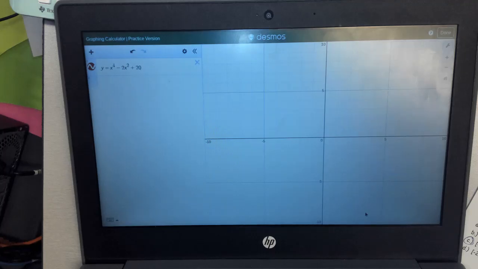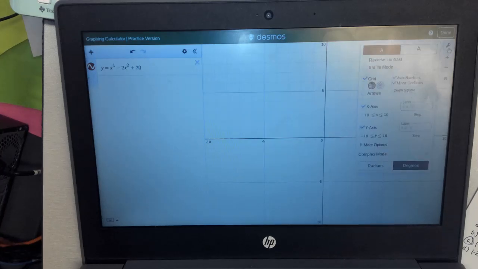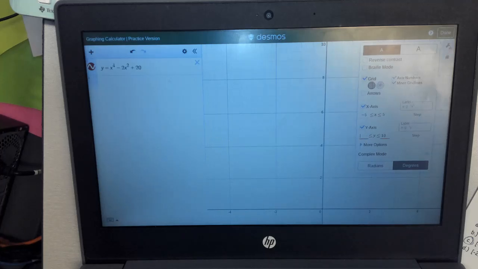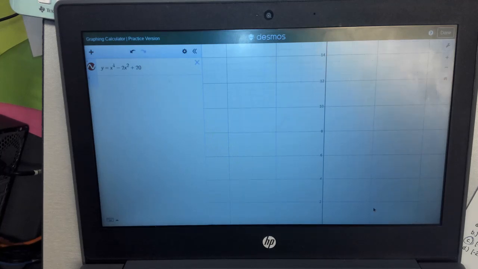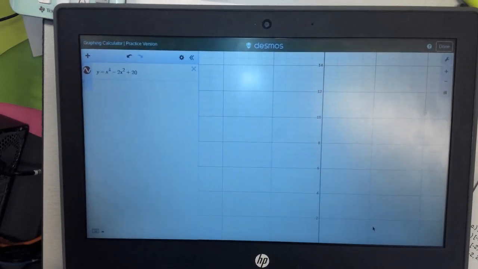Okay, so again, you see what we see, right? A blank screen. Then for the next one, your window is negative 5 to 5. And if you're using your graphing calculator, you're just going back to your window and then 0 to 15. Okay, so again, do I see any of the curve on my window?